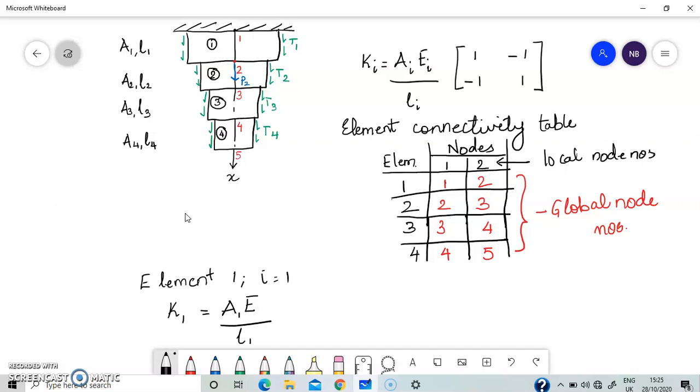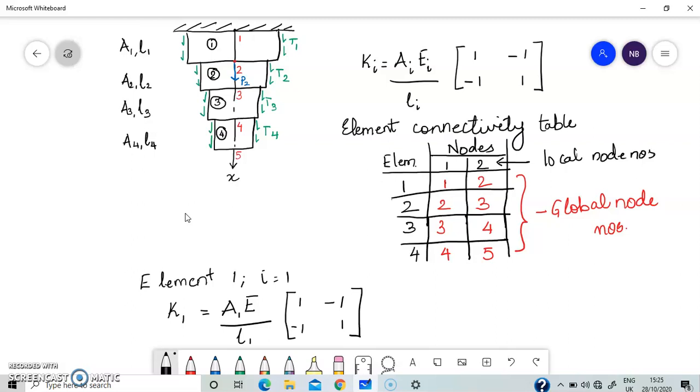The Young's modulus of the entire material is given to you as E, so we are not going to consider it as E1, E2. It's not a composite material. You've been given just one value of Young's modulus. That's why I've taken it as E only without any suffix. So now this is the element stiffness matrix for element 1.